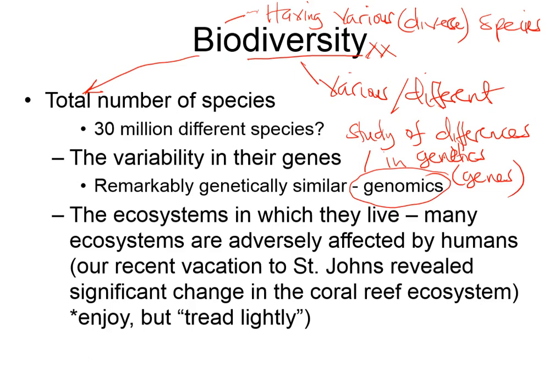So as a definition, biodiversity is just the total number of species, and it will include the variability in their genes, the differences in the genes among these species. Also, biodiversity includes the ecosystem in which these different species live.